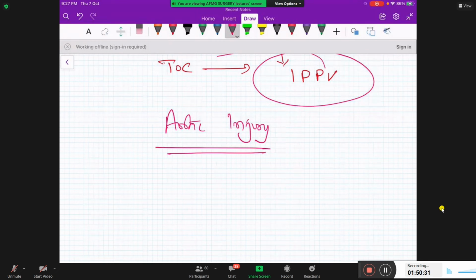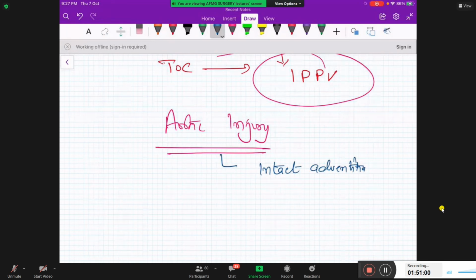Who will reach the emergency services? Only those patients of aortic injury who have an intact adventitia. The injury happened in such a way that the intima and media of the aorta got injured, but the adventitial layer is still not injured.